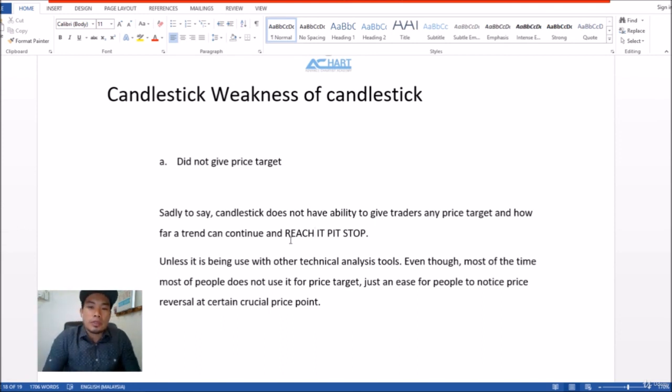A moving average is a lagging indicator. Candlestick is an earlier indicator that lets us see the signs of whether the market is going to reverse or not. EMA is a lagging indicator, so it's used to confirm that the market trend has reversed.